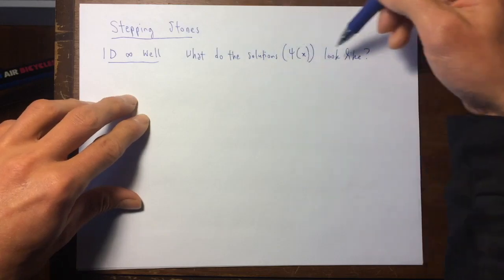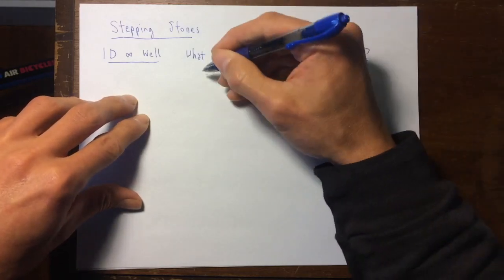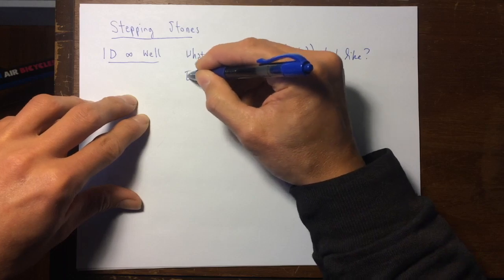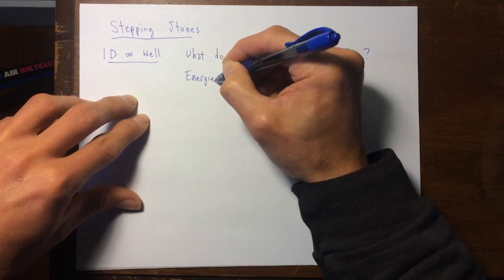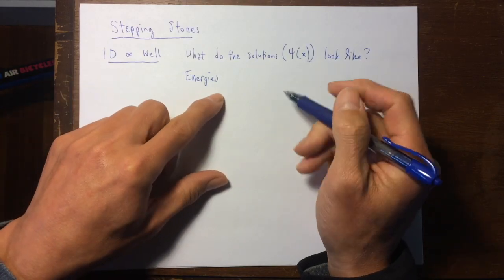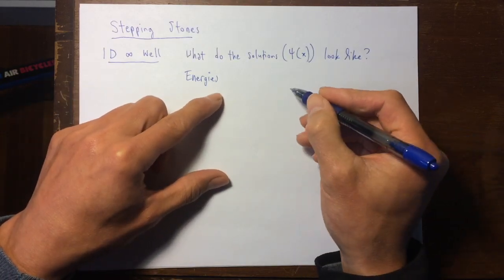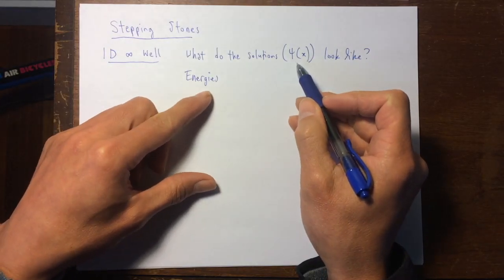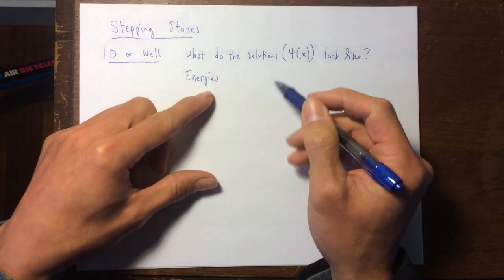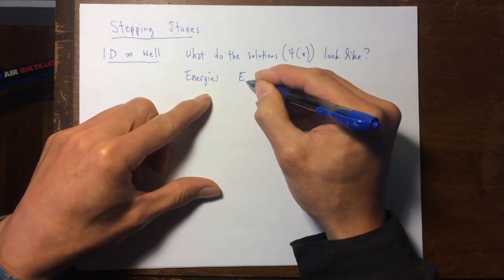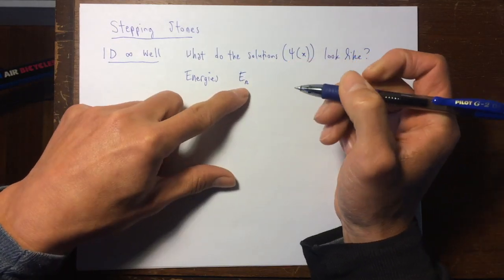And so after you say this, you might wonder about the energies associated with the different wave functions. You've seen that there is sometimes a quantum number associated with the wave function, and you might say that these energies depend on that quantum number.